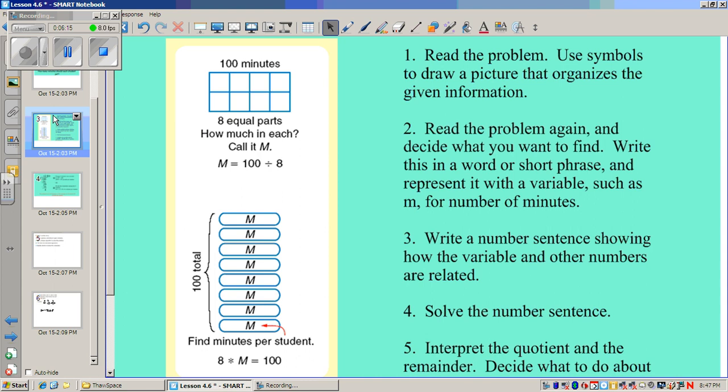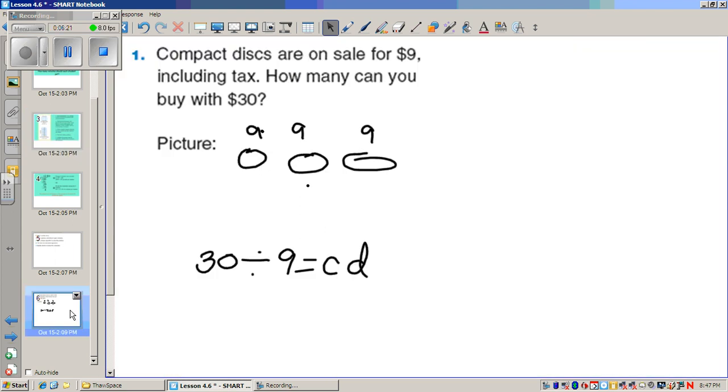So again, I could do 9 times what equals 30. So let's go back to that, because the other way of writing this would be 9 times C equals 30. And it's probably much easier for us just to have one variable. So let's do that. Get rid of that.